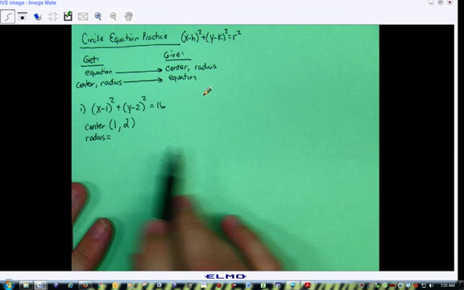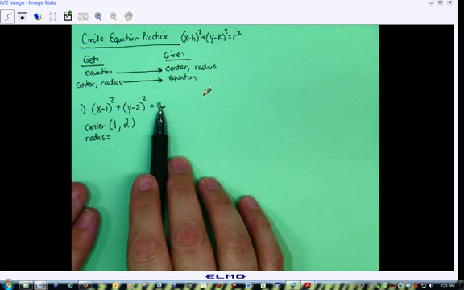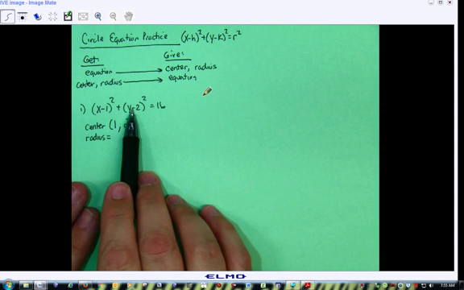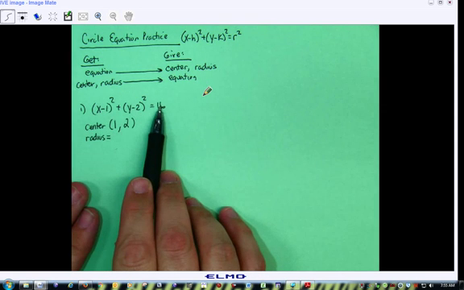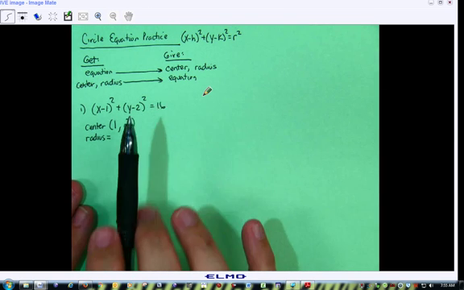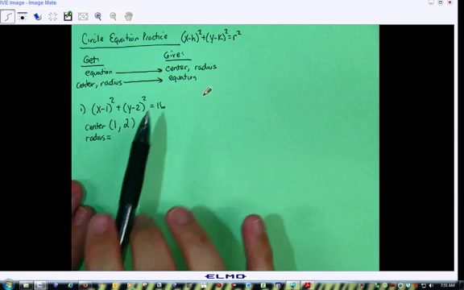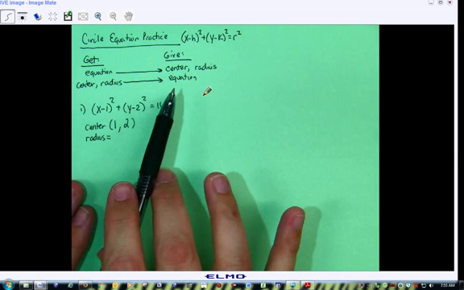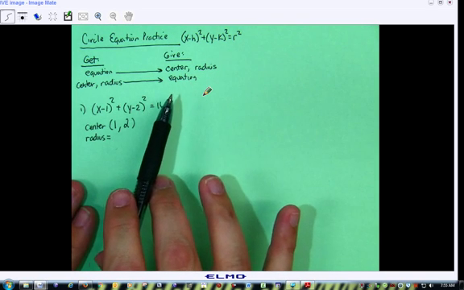Alright, now the radius. The nice thing about this is the x-coordinate comes first, the y-coordinate comes second, the radius is the number that's all by itself. On the count of 3, tell me what the radius is. 1, 2, 3. It's not 16. It's not 2.